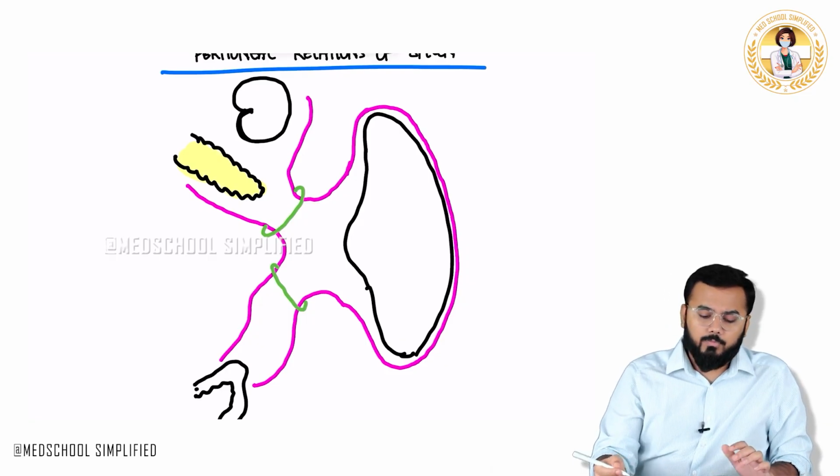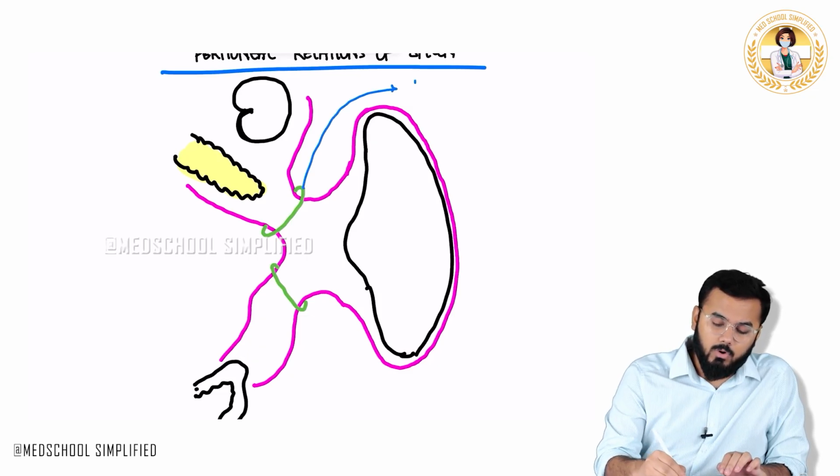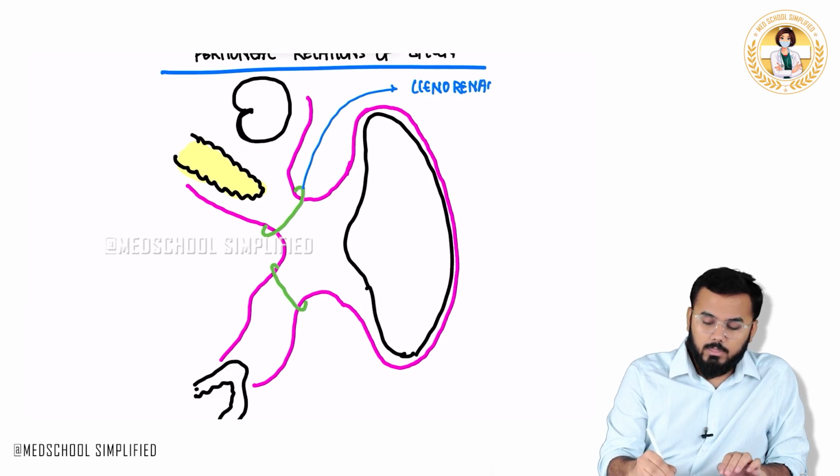Now let us first of all label these parts. This part over here is called the lienorenal ligament.